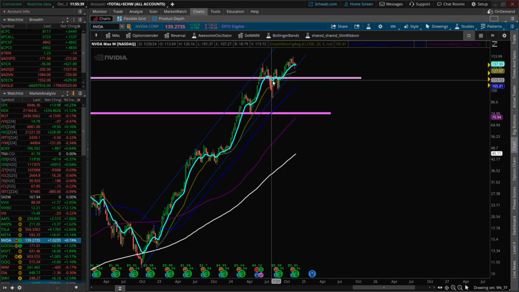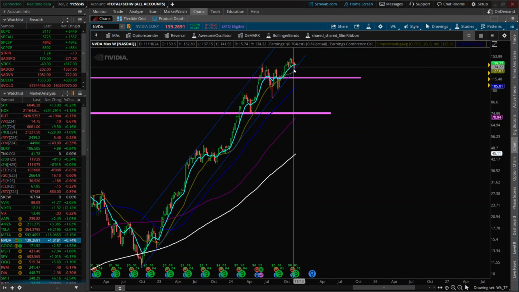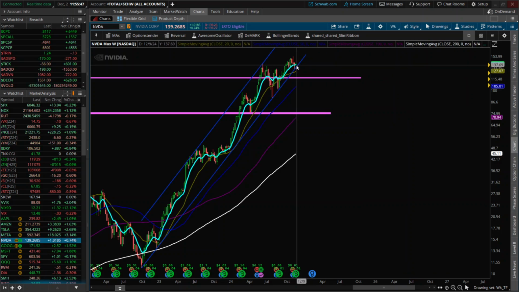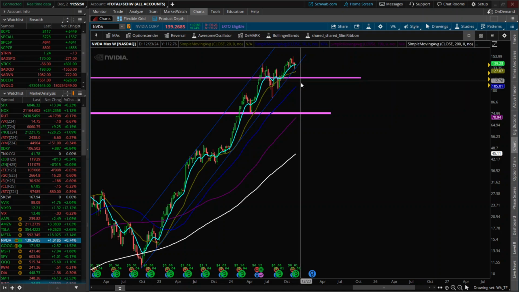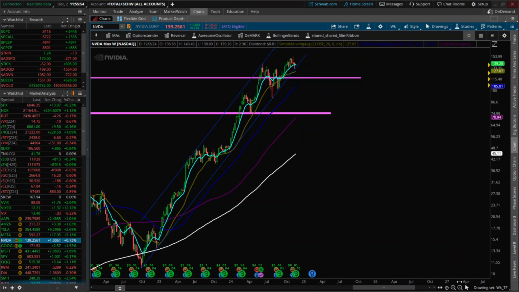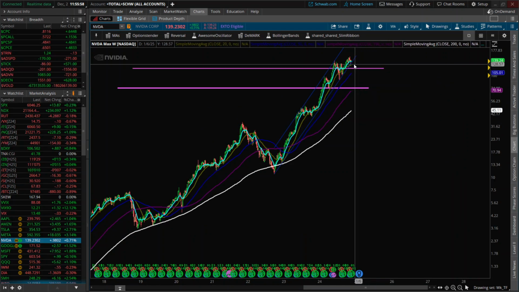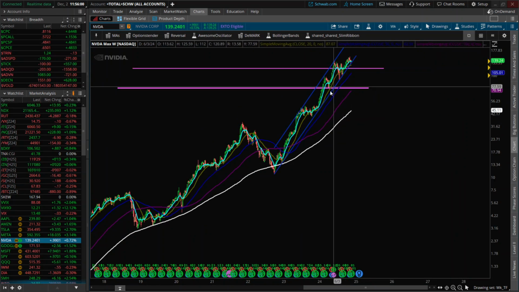So we have the channel here, and we're right at the channel. Had a move off of it, a little bit of a wick on the weekly time frame. If we lose this channel, then we're going to start seeing a correction. We're just not there yet, but I think it's coming really soon. So we break down from this channel.